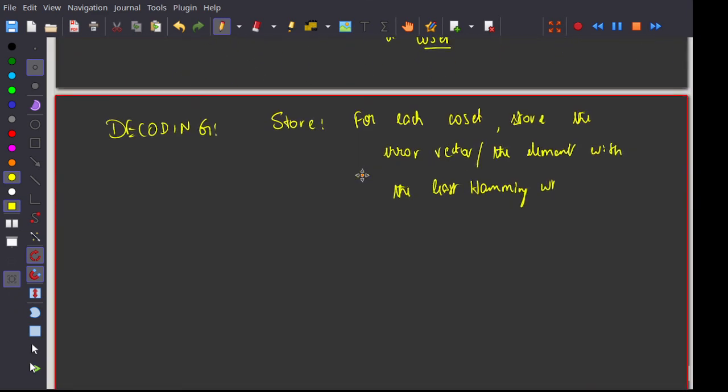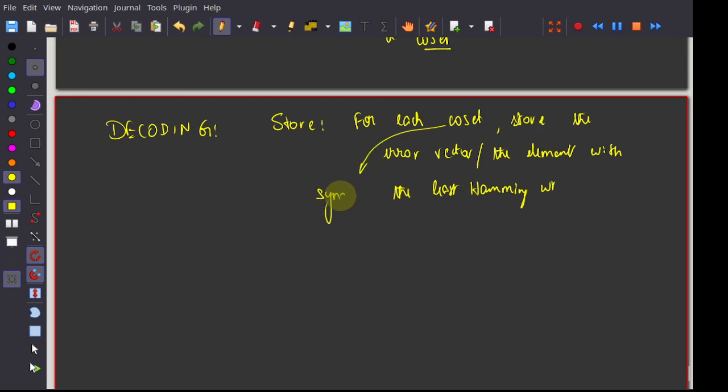So I'm going to choose the coset representative of the least Hamming weight for each coset. And how do I represent each coset? Each coset is basically indicated using the syndrome.